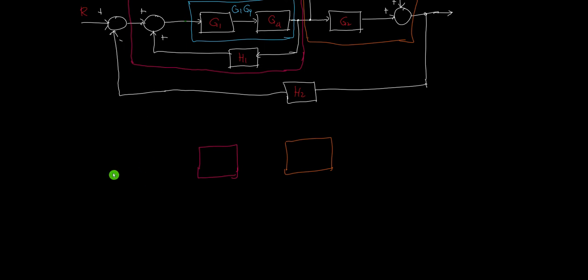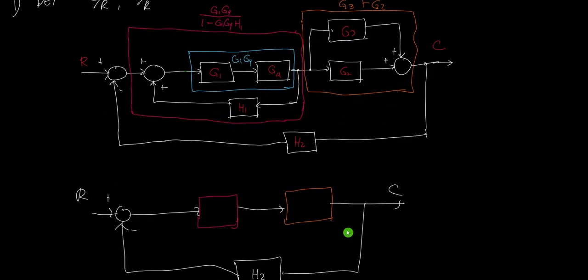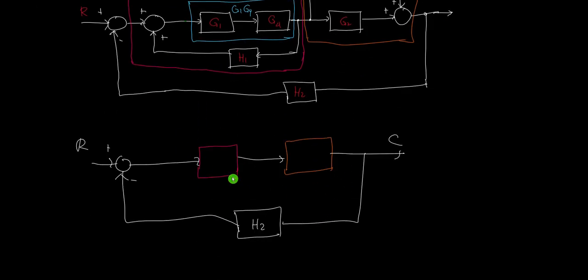So this is now the equivalent block diagram. Then we have a feedback. Our feedback here is this H2. Then this is R, minus, this is plus, and this is our C. This is the purple one, and this one is this one. Again, these are cascaded, so we can simplify by multiplying them.